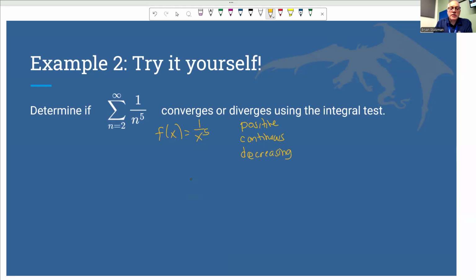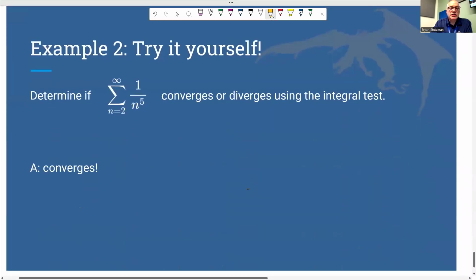Once that's all done, then check the associated improper integral. And if that's convergent or divergent, that'll tell if the original series is convergent or divergent. And you should find out that it does converge.